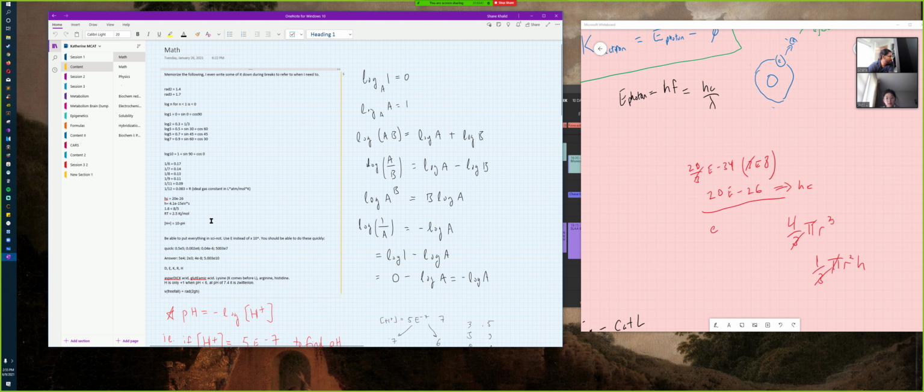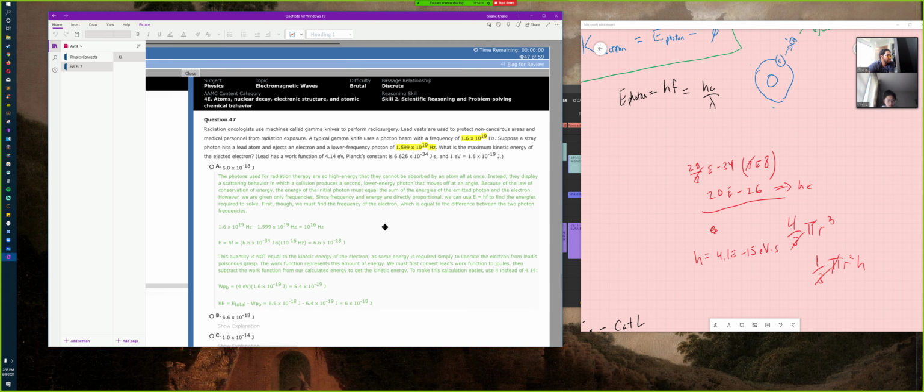So okay, so basically, Planck's constant is 4.1 e negative 15 electron volts times seconds. Let me go back to this. 1 electron volt is equal to that many joules, but you would know how to do it also if you did the math.